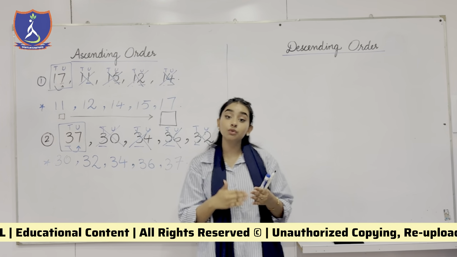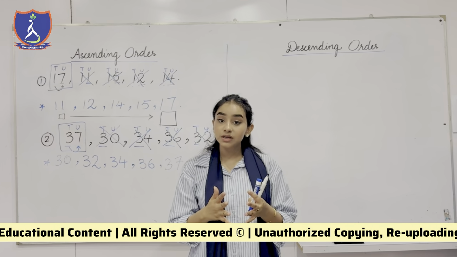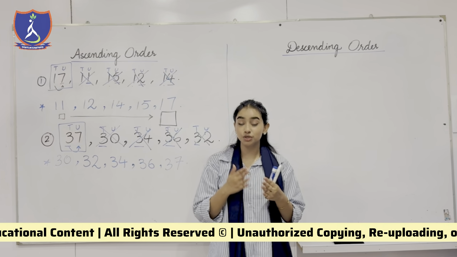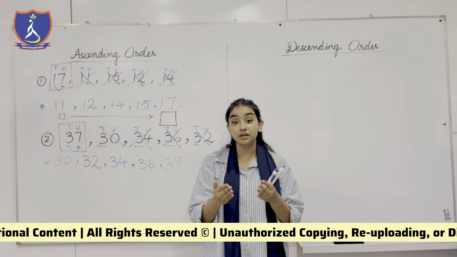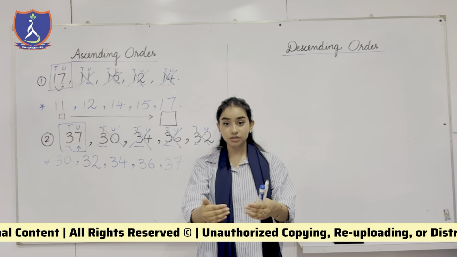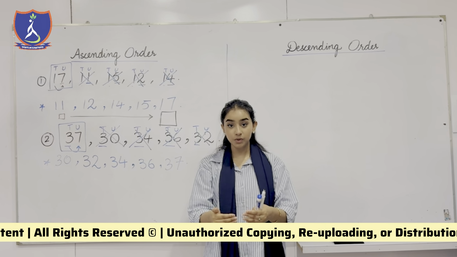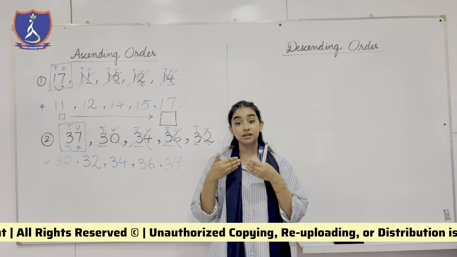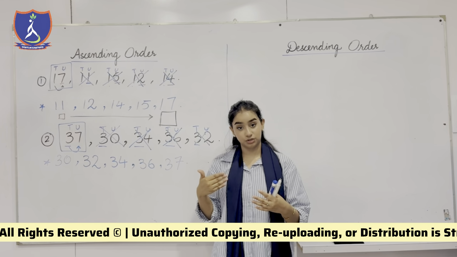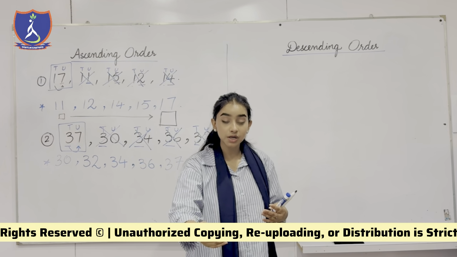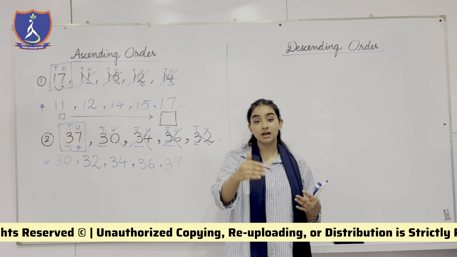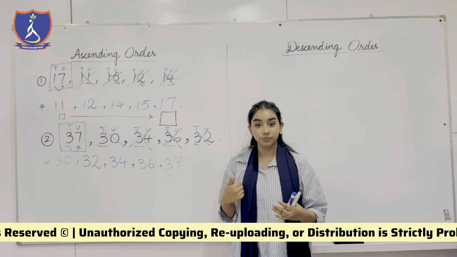The way you do in the assemblies. Have you noticed while standing in the assemblies, you are standing in ascending order. The shorter student is at the first, then the second short, then the taller one, then the taller, and then at the last there is the tallest one. So from the shorter till the tallest, you are standing in ascending order, correct?